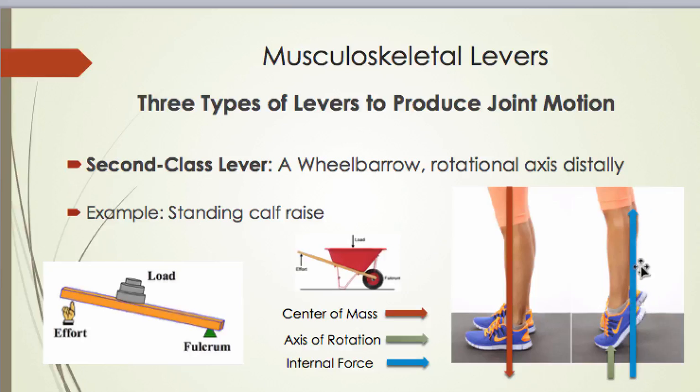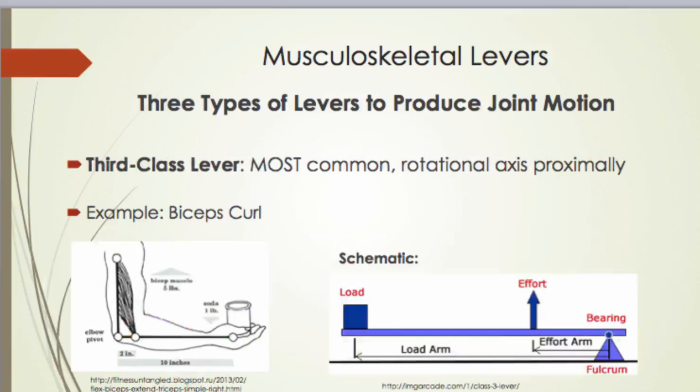That's why it's so easy relatively. Go back here. We have the biceps insertion on the radial tubercle. We have the axis of rotation here in the elbow. So here's the schematic. Here's our fulcrum, elbow. Here's our effort, biceps. And here's our load at the hand.